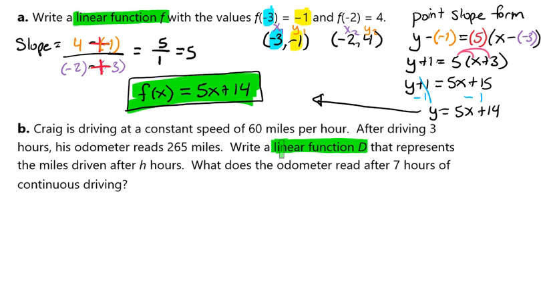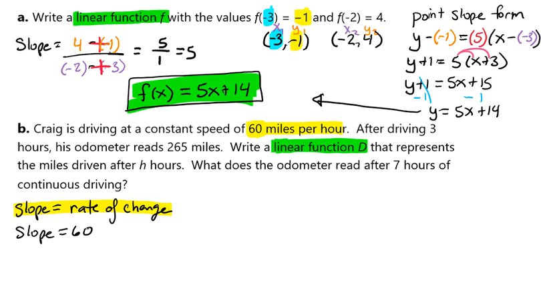So remember that slope is also our rate of change. And we see that we have a rate of change of 60 miles an hour. So that tells us that our slope is 60 miles an hour. It also tells us that after driving for 3 hours, the odometer reads 265 miles. So that's a point in time.